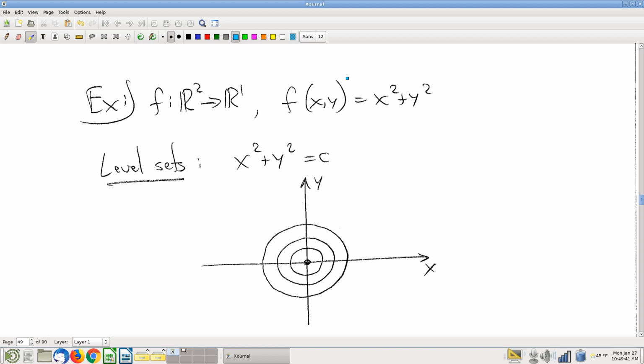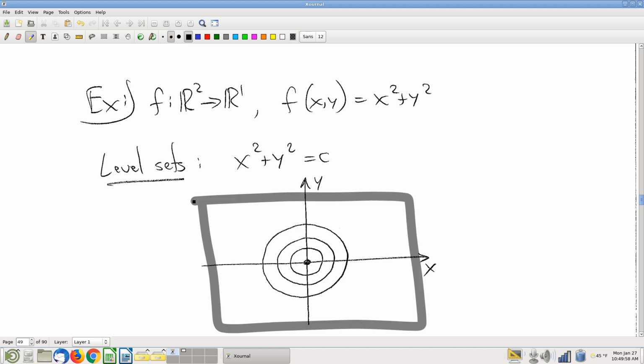How many different level sets does this function have? Well, it has infinitely many level sets, because this could be any constant. There's infinitely many of them. So if you really want to draw all of the level sets, all you're going to get is a piece of black construction paper.